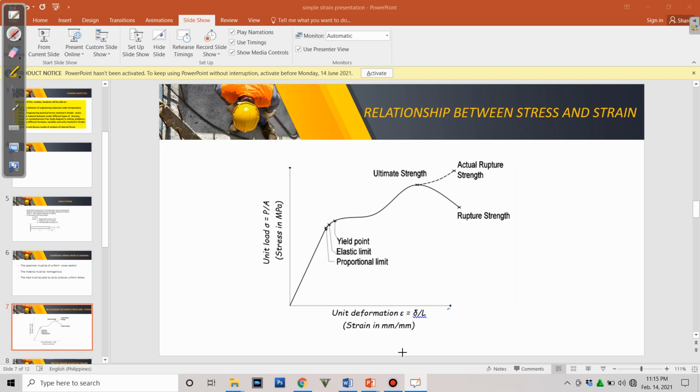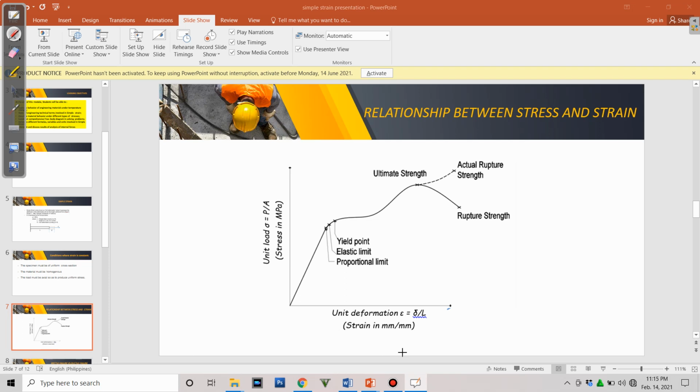And then from that, if we increase the loading, it will reach the yield point, wherein the yield point is the point in the stress curve at which the curve levels off and plastic deformation begins to occur. This is the point where there is an appreciable elongation without any increase in the loading.